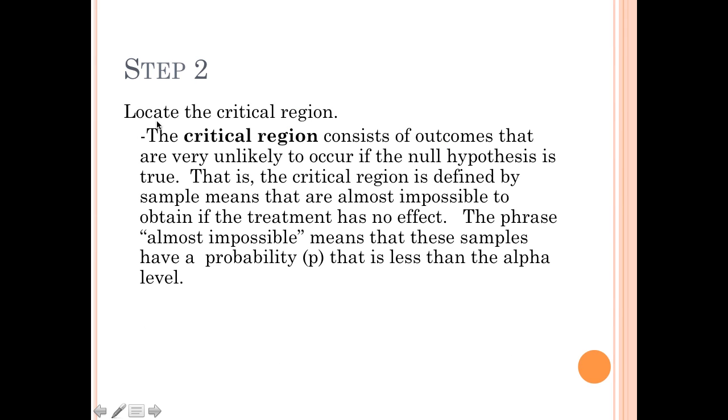So then the next step in hypothesis testing is locating the critical region. The critical region consists of outcomes that are very unlikely to occur if the null hypothesis is true. That is, the critical region is defined by sample means that are almost impossible to obtain if the treatment has no effect. The phrase almost impossible means that these samples have a probability, p, that is less than the alpha level.